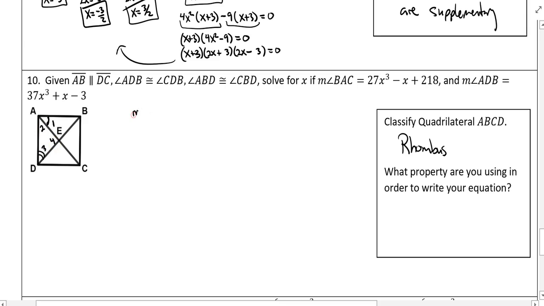And I'm going to write the measure of angle 2 plus the measure of angle 3 plus the measure of angle 4 is equal to 180, because the sum of the interior angles of a triangle is 180 degrees. The measure of angle 2 is equal to the measure of angle 1, because in a rhombus, diagonals bisect opposite angles.